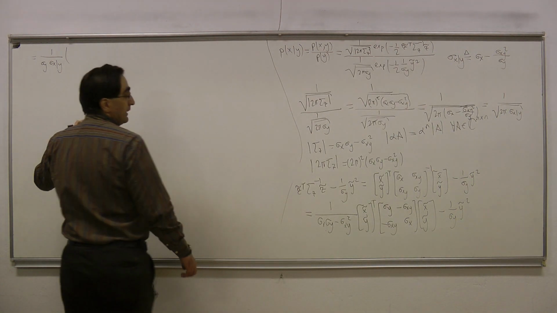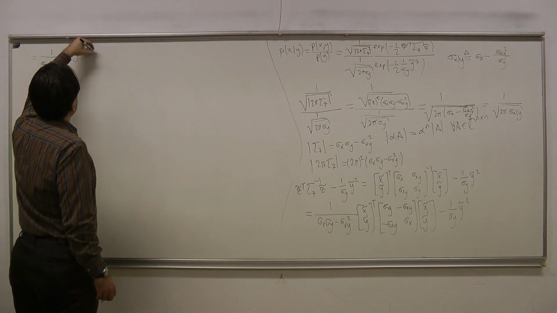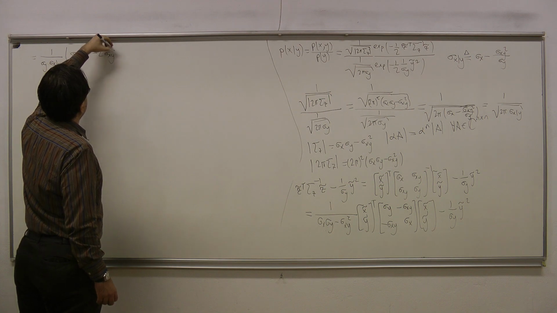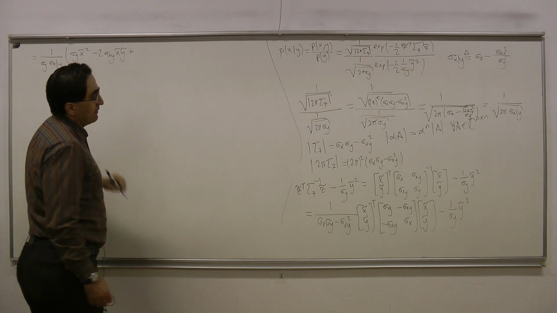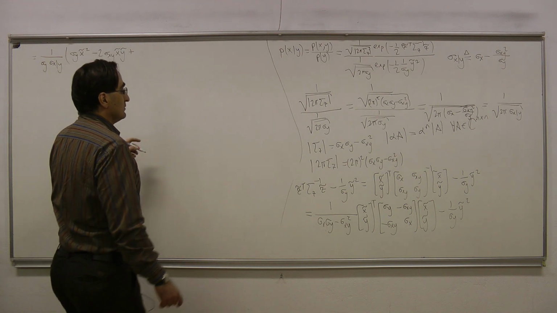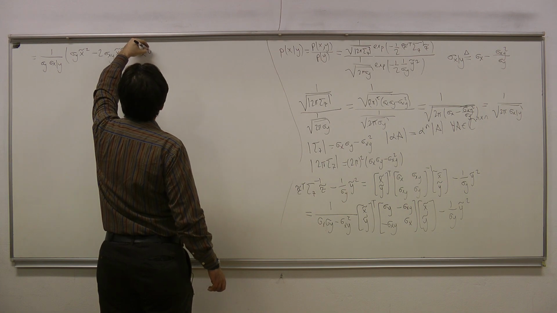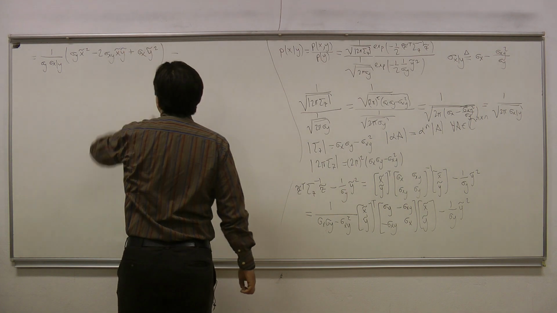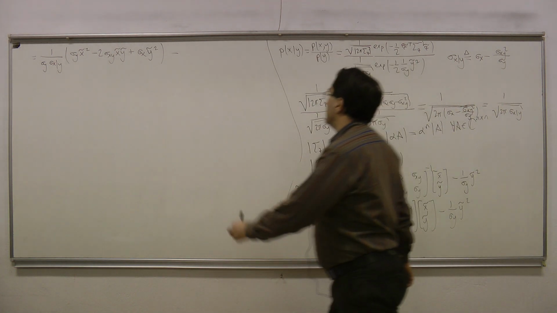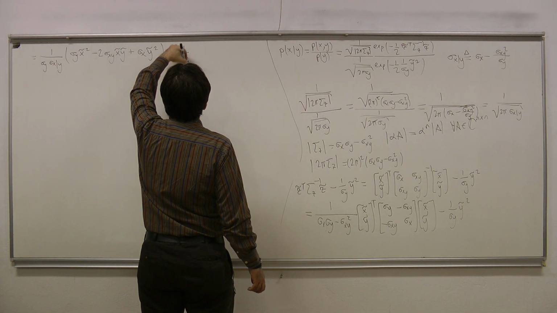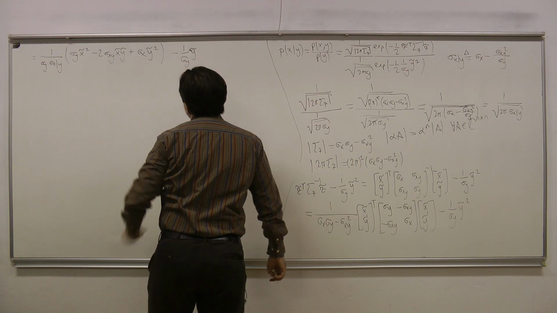It is going to be sigma y times x tilde square minus 2 sigma xy x tilde y tilde plus sigma x times y tilde squared. Okay? And I would have minus 1 over sigma y tilde squared.